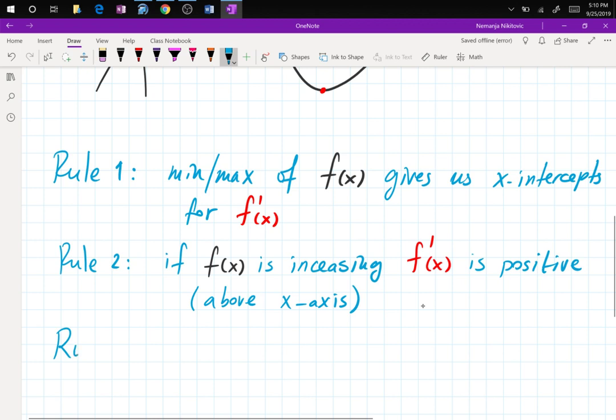And rule 3, now we do not have rule 4 on this picture, so I'm going to wait with rule 4.